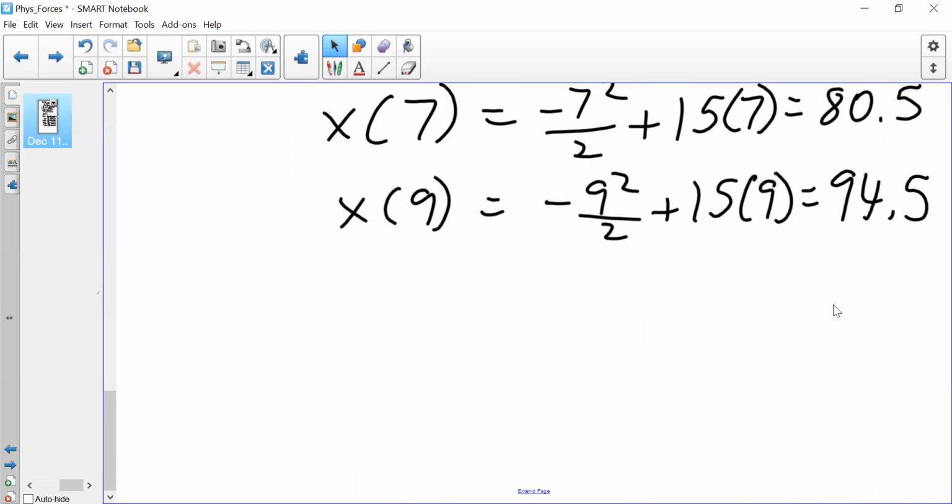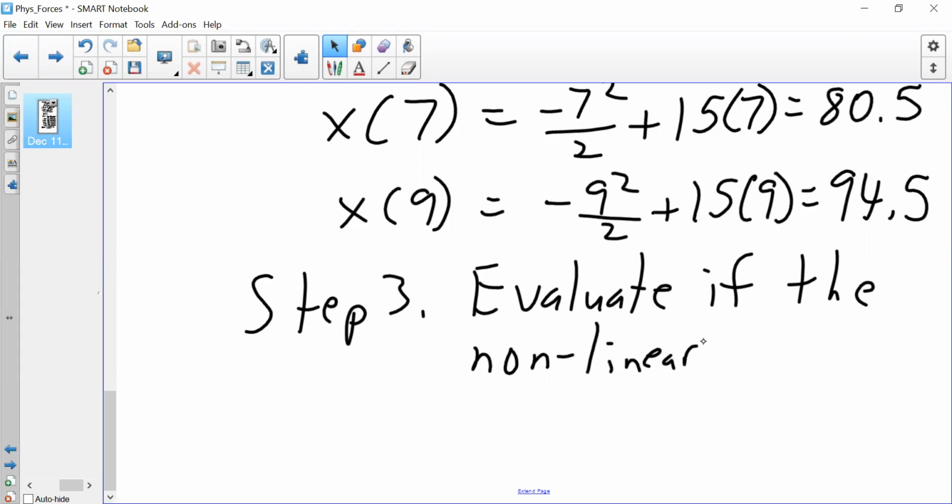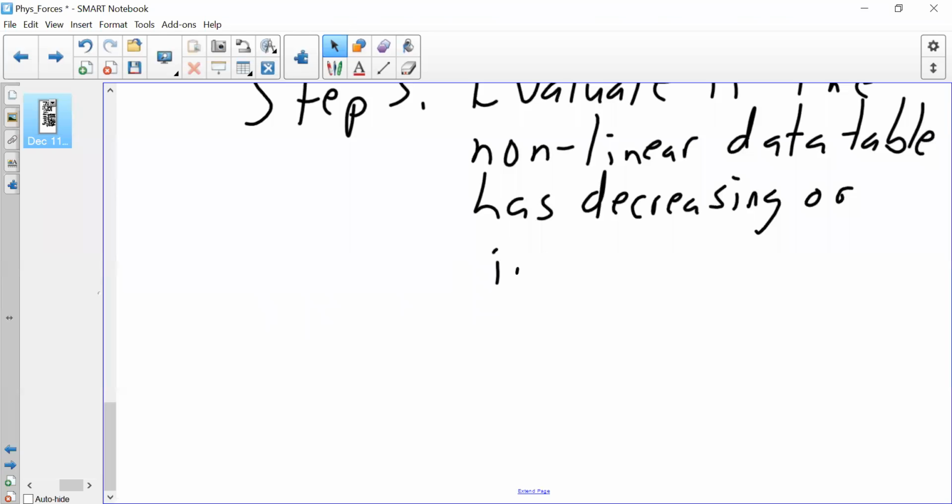So now that we've calculated all that, step 3 would be to, again, I'm going to have all these steps in a document, evaluate if the nonlinear data table has decreasing or increasing gaps.